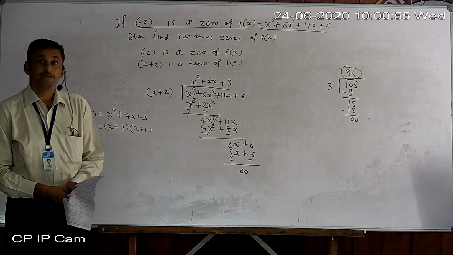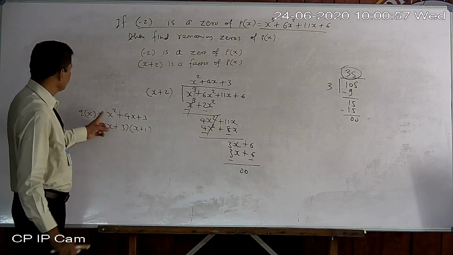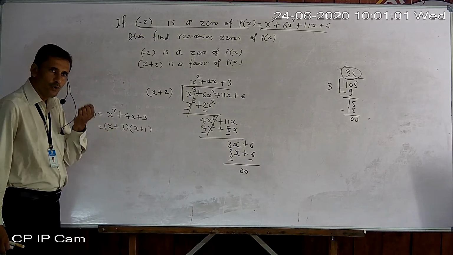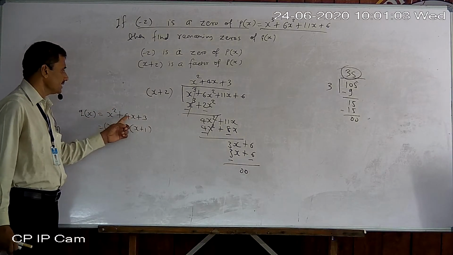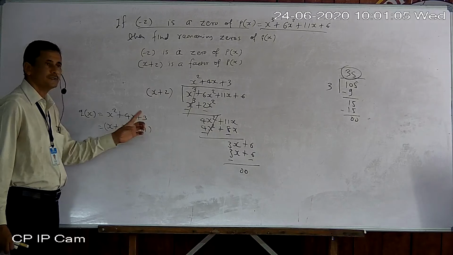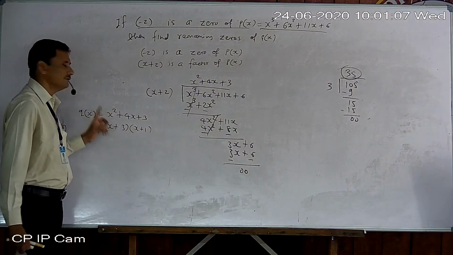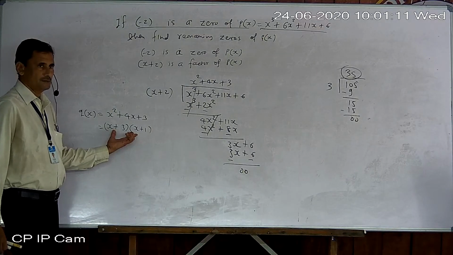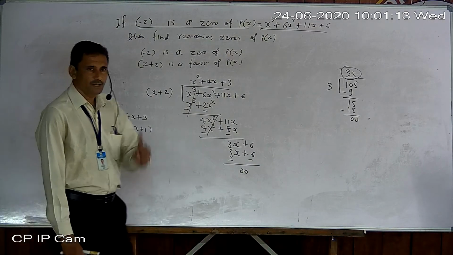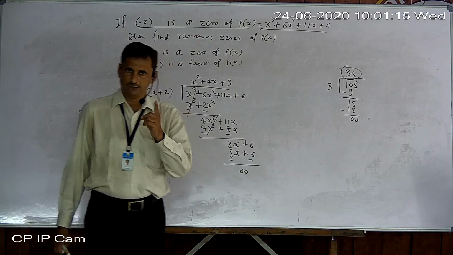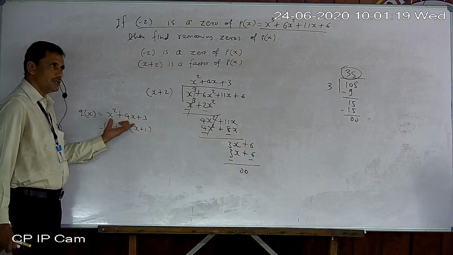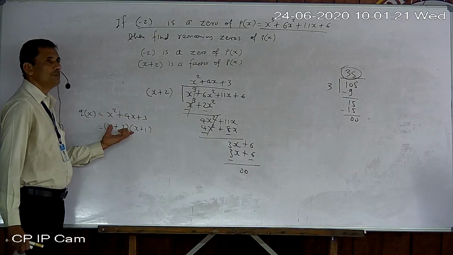Now remember, whenever a is 1, a is the coefficient of x square, b is the coefficient of x and c is the constant term. Whenever a is 1, you can directly write both factors. Again, whenever a is 1 in a quadratic trinomial, you can write both factors directly.